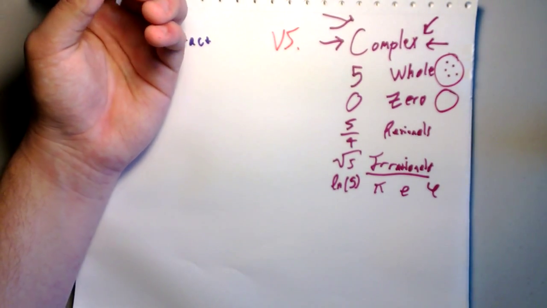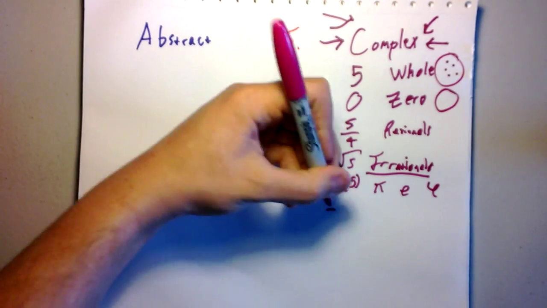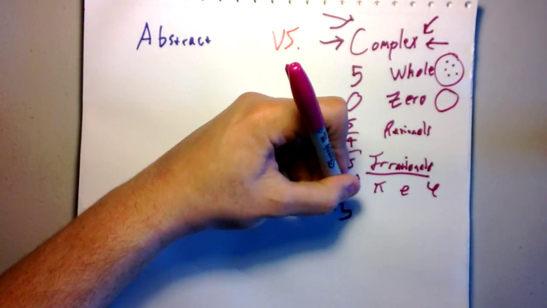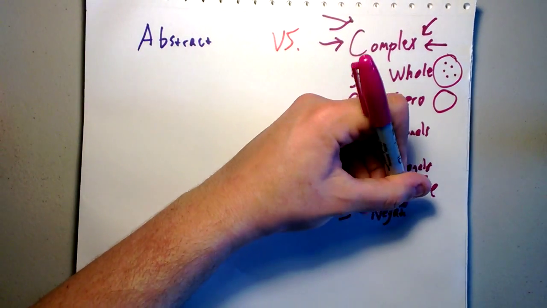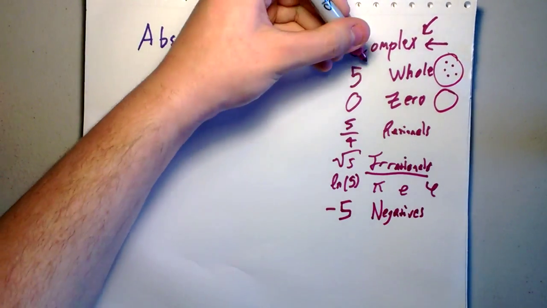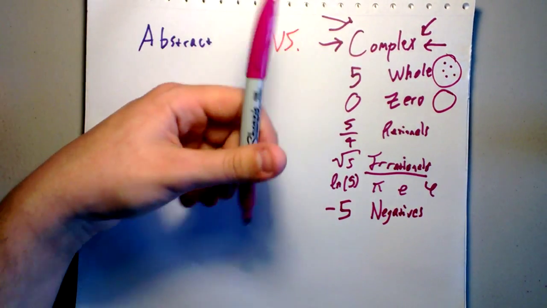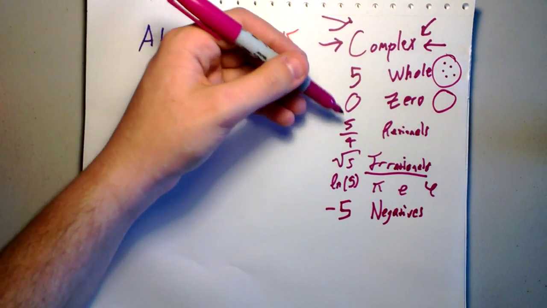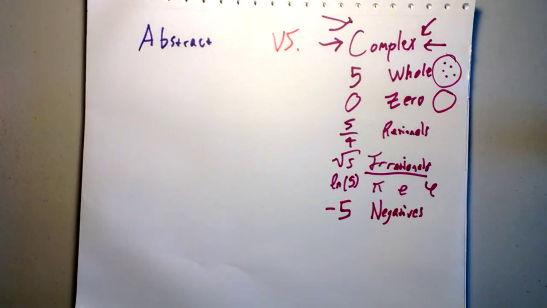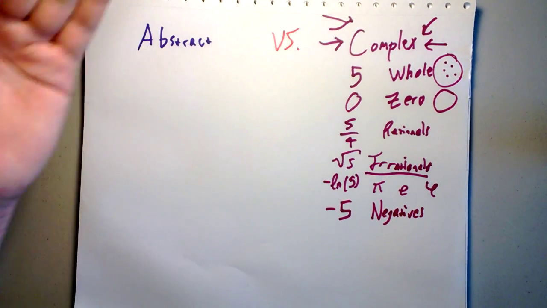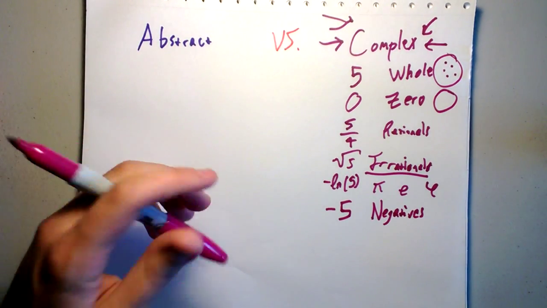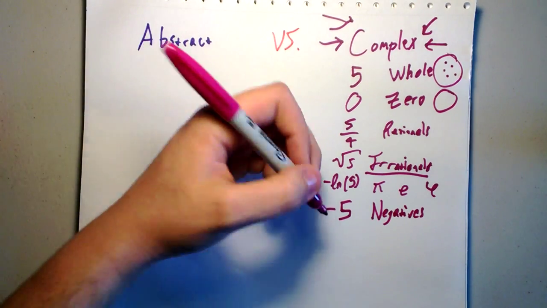Oh yeah, and I forgot to introduce one other one that we like to talk about: negative numbers. There are negative sets in all of these. You can have negative whole numbers, negative zeros. Well, no, you can't. But negative rationals, negative irrationals. Just put negative in front of any of these. Oh wow, it's a negative irrational. Crazy stuff. Either way, we have negatives.